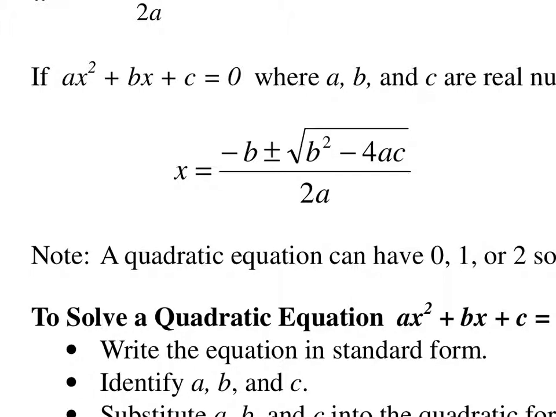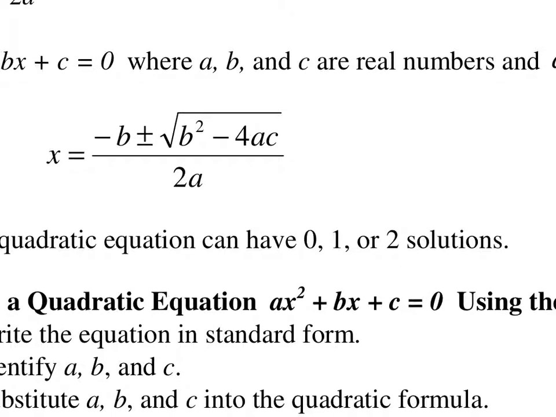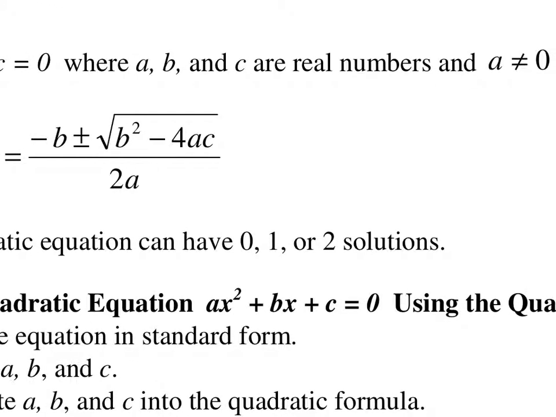Note that the quadratic formula can have 0, 1, or 2 solutions. You can tell which one of those cases is true by looking at the discriminant. The discriminant is b squared minus 4ac. The discriminant tells you how many and what type of solutions you might have.